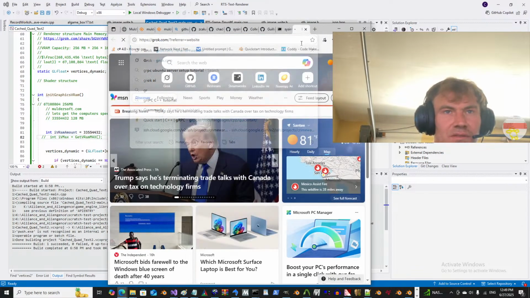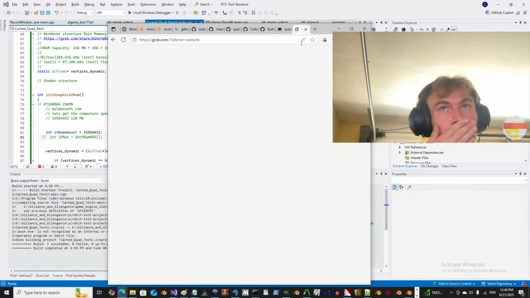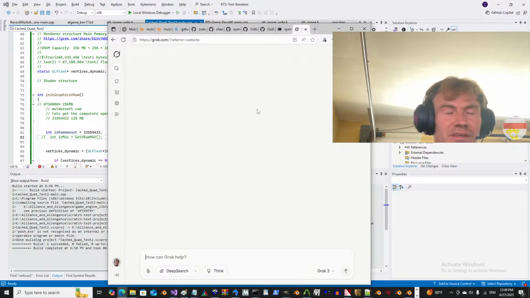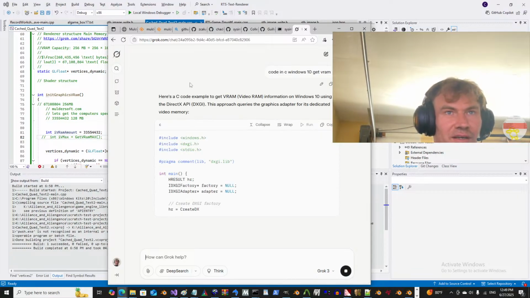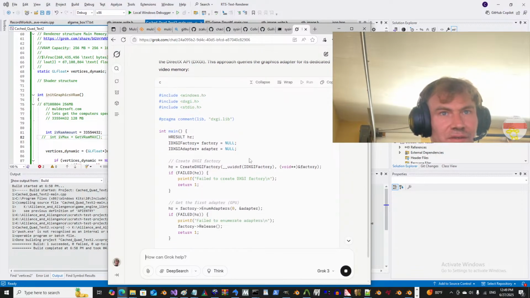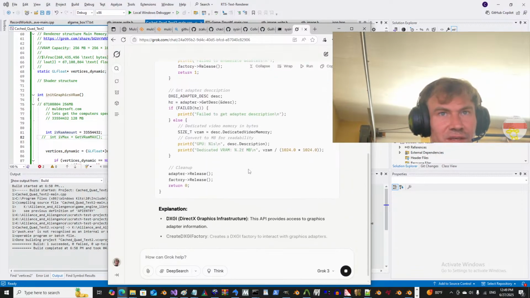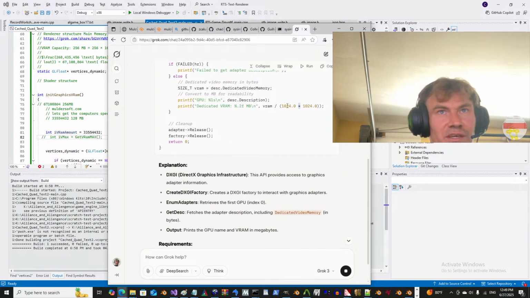Let's see. Do this. Code in C, Windows 10, get VRAM. I think I've done this for OpenGL. I was trying to do this on an unupdated Windows 10, just to see if Visual Studio 2012 or 2010 would give me this value.